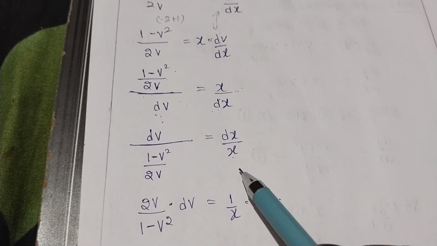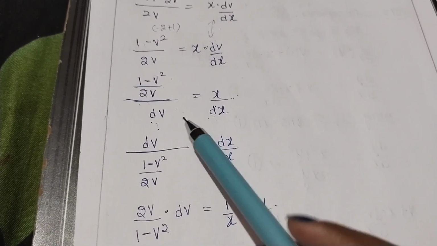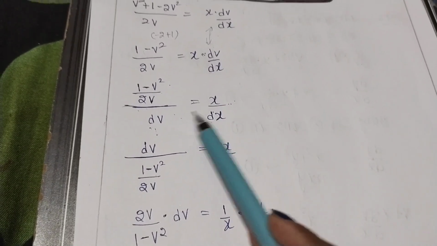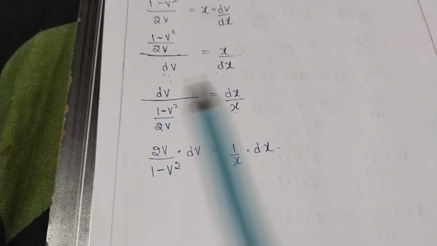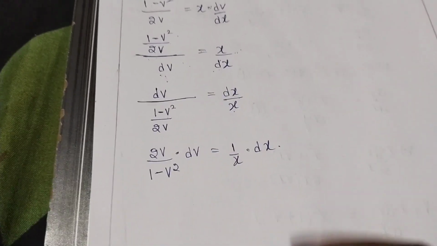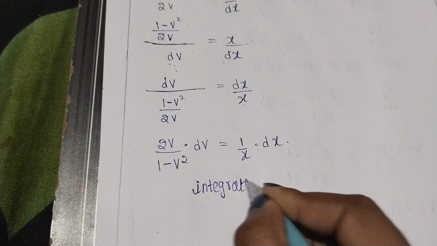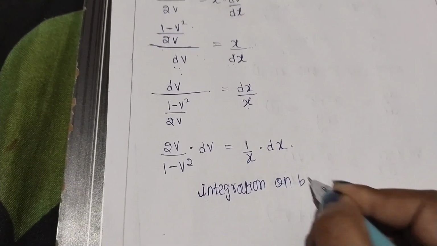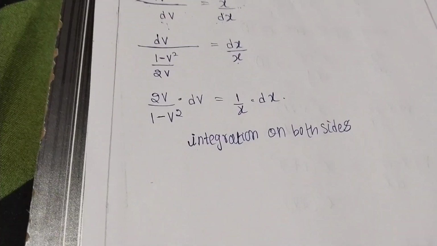Next, the simple thing, 1 divided by x into dx. The thing we have to remember is that dv and dx should not be in the denominator. Now let's start integration, integrating on both sides.